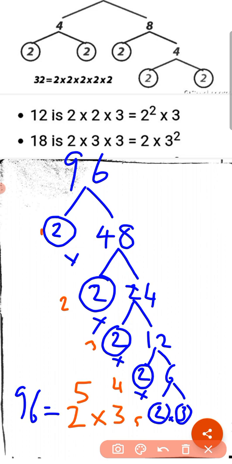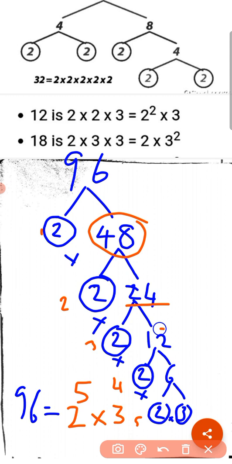So here we start with 2 since 96 is an even number. If you divide 96 by 2, we get the quotient 48. Then again you split 48 as 2 into 24. Since 24 is a composite number, continue your division. Divide 24 as 2 into 12.